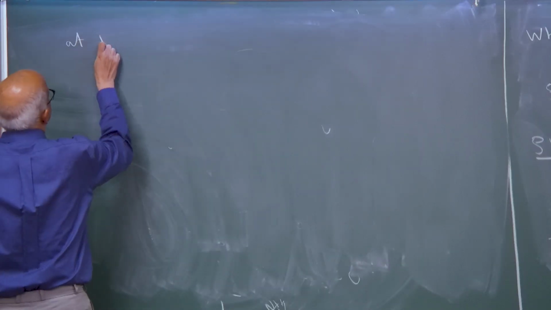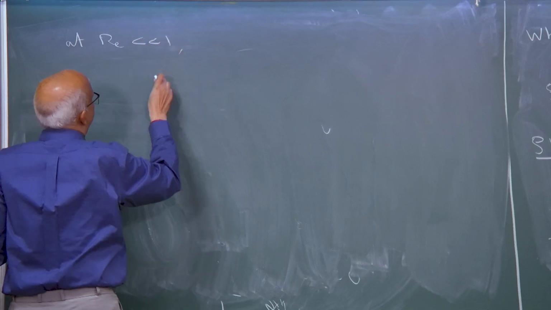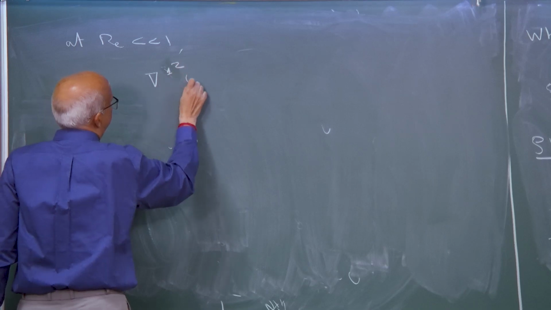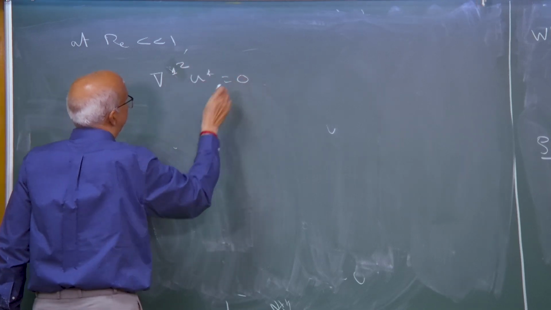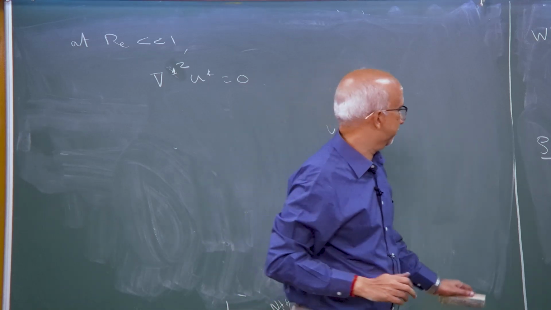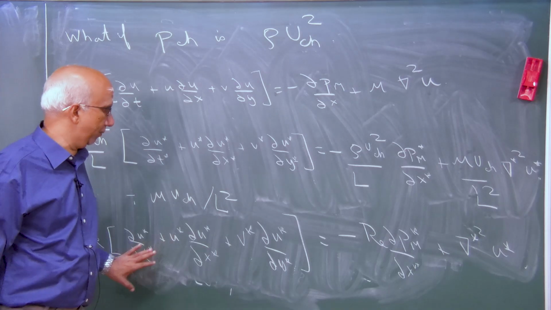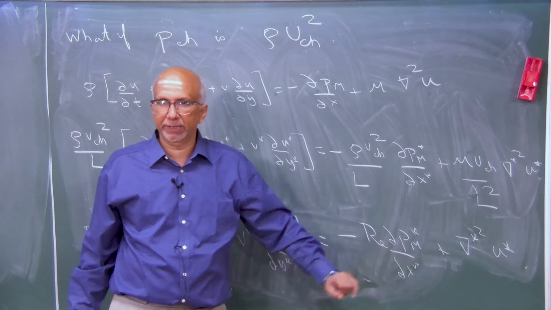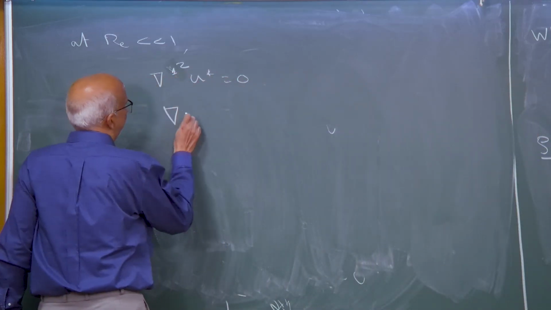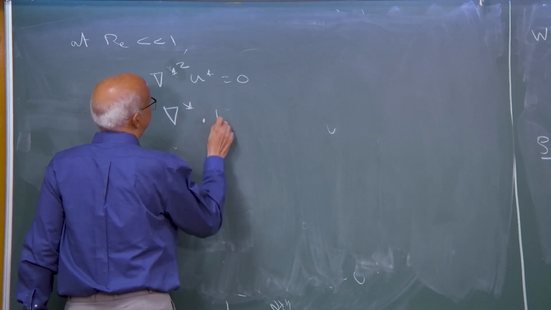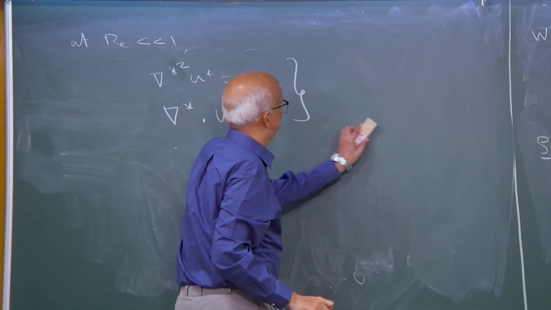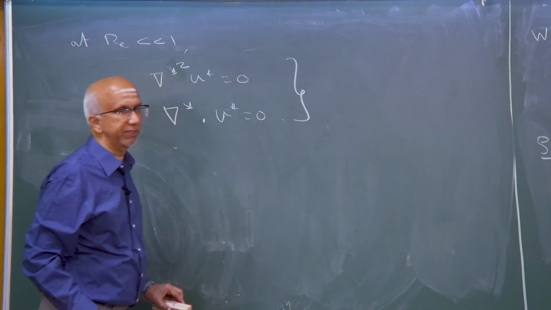At Reynolds number very much less than 1, we will get del star squared u star equal to 0. This is just the momentum, because assuming all the scaling has been done properly, I will neglect this term and this term, and I get that. In addition to that, I have the continuity equation. Do you see a problem which arises here?